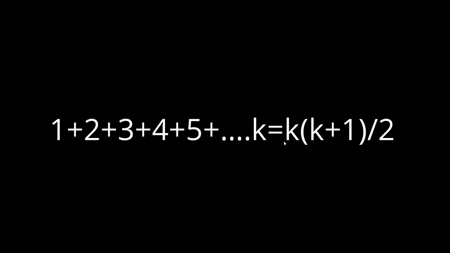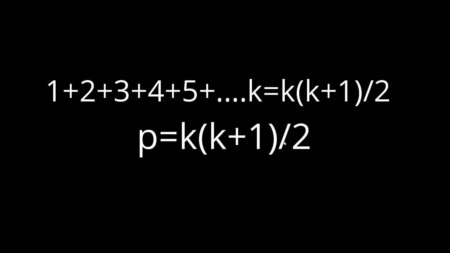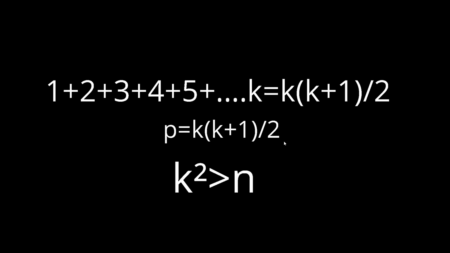So if the sum is equal to k into k plus 1 by 2, actually, we are assuming that p is greater than n. So p is on the right hand side, like the value of p would be k into k plus 1 by 2. Since p is greater than n, this particular thing is going to become k square plus k divided by 2.